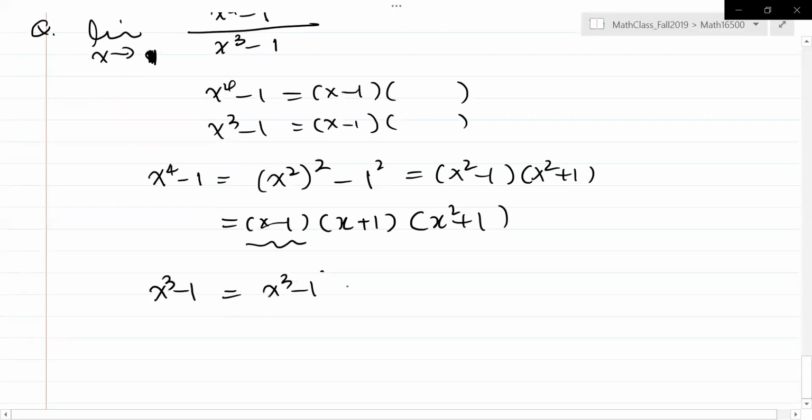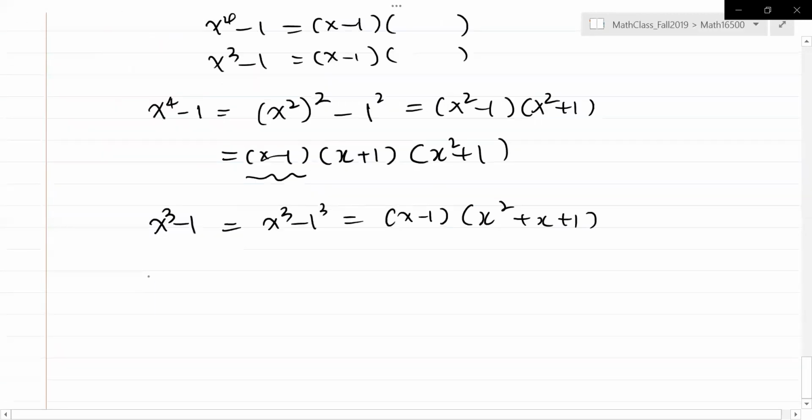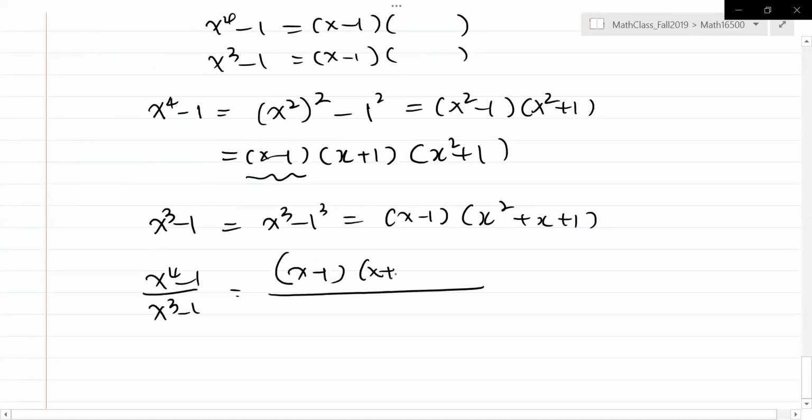And x cubed minus 1 will be x cubed minus 1 cubed, which is (x minus 1) times (x squared plus x plus 1). Then in the quotient, the numerator and denominator both contain a factor of x minus 1, so that can be cancelled out.